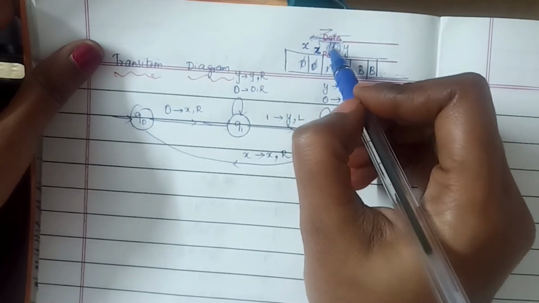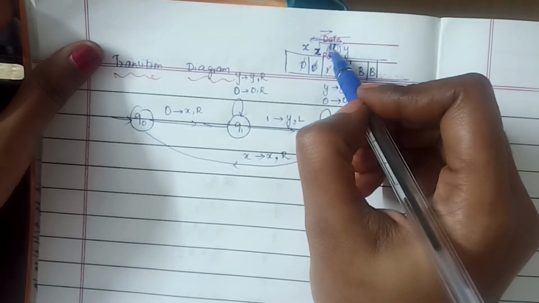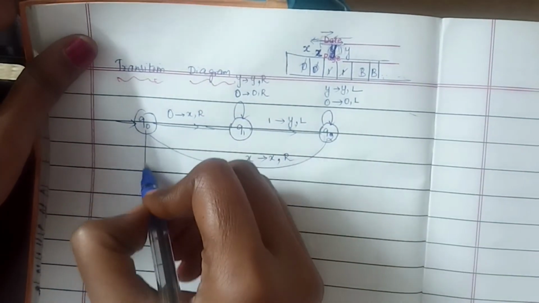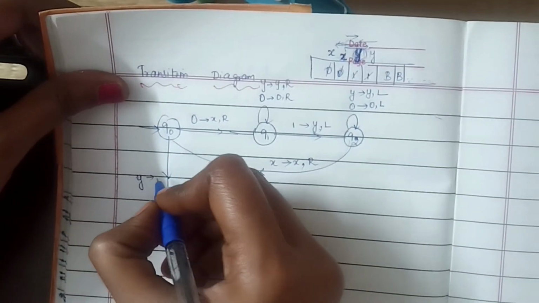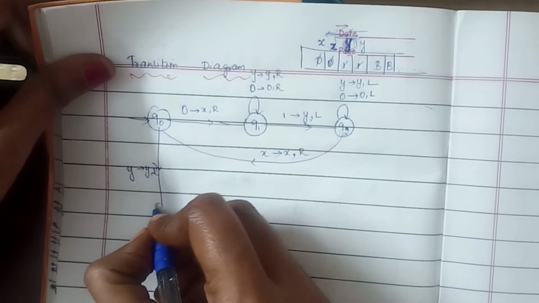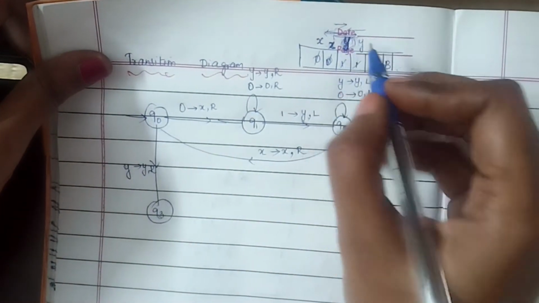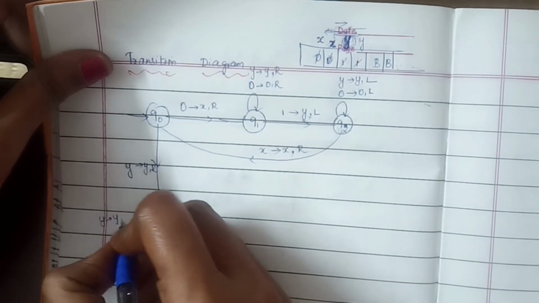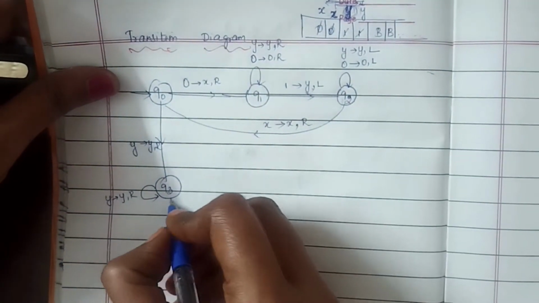If in the right direction it is an input symbol, there is no problem. But if it is a tape symbol like y, when you see this y, it stays y and you go right, which is the state change to q3. Whatever y comes, it stays y and you go in the right direction.